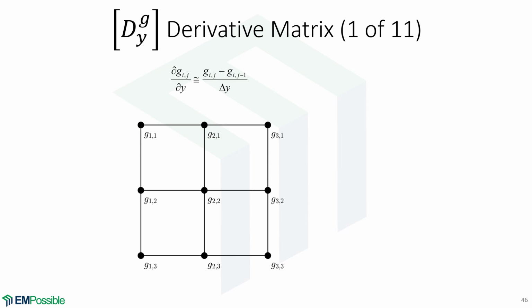But it still has the theme of G from the same cell minus G from the previous cell. It's just now it's the previous cell in the Y direction. And then, of course, divided by the spacing delta Y. So this is our basic finite difference equation. We're going to write that for every single cell in this grid and come up with a set of 9 equations.